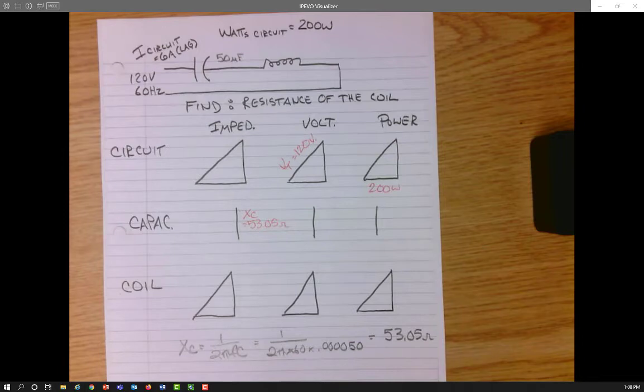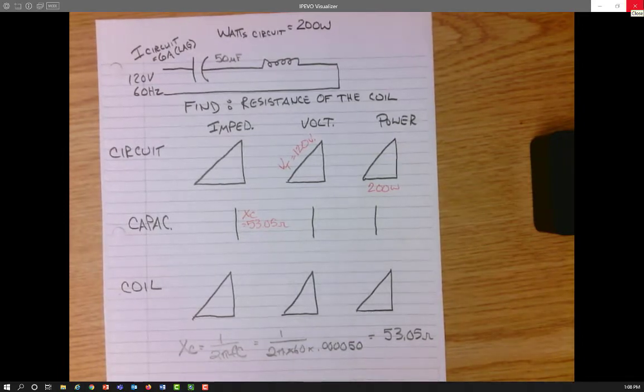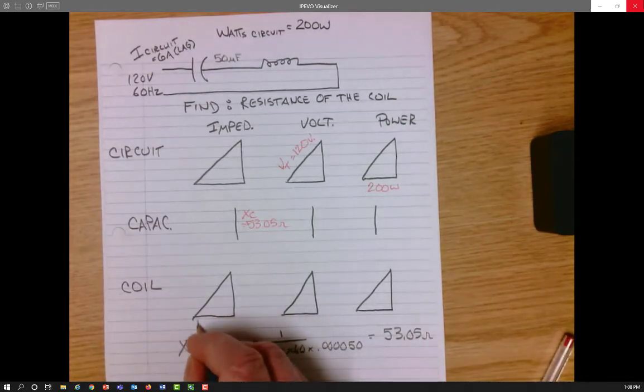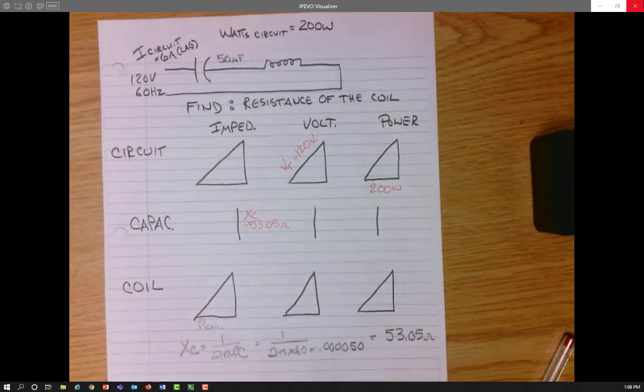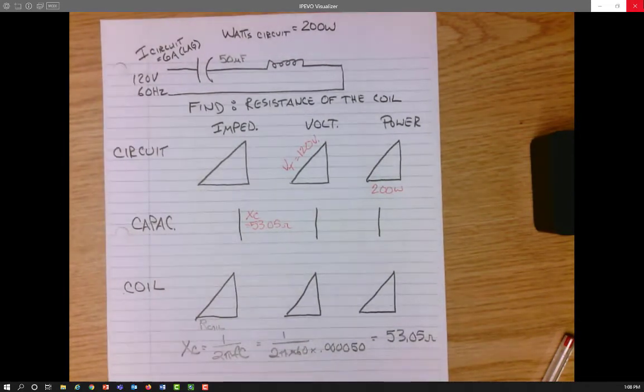Okay, that's what we know for the circuit. Now, we're looking for the resistance of the coil. So here's the impedance triangle for the coil, and we're actually looking for this side of it, R of the coil. And because we don't know anything really for the coil right now, that's a pretty tough place to start.